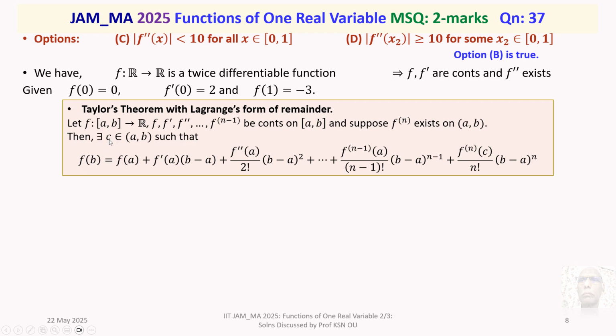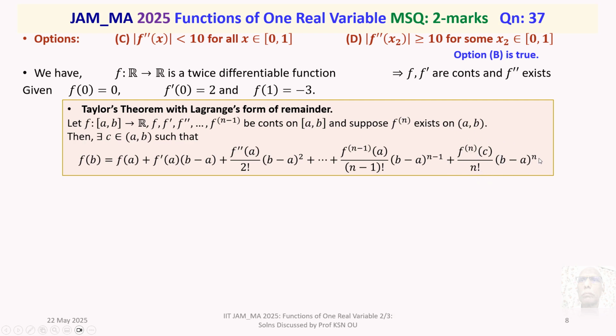This says if f is a real valued function defined on the bounded interval a comma b, and f prime, f double prime, etc., up to the n minus 1th derivative of f are all continuous on the closed interval a to b, and the nth derivative exists in the open interval a to b, then there exists a c belonging to the open interval a to b such that f of b is equal to f of a plus f prime a into b minus a plus f double prime a by 2 factorial into b minus a whole square plus so on and so forth plus the n minus 1th derivative of f at a by n minus 1 factorial into b minus a to the power of n minus 1, plus the Lagrange's form of remainder, the nth derivative of f at c by n factorial into b minus a to the power of n.